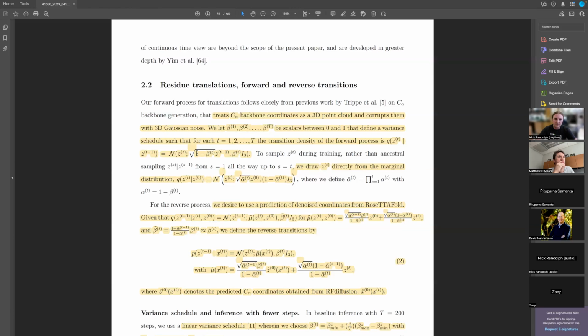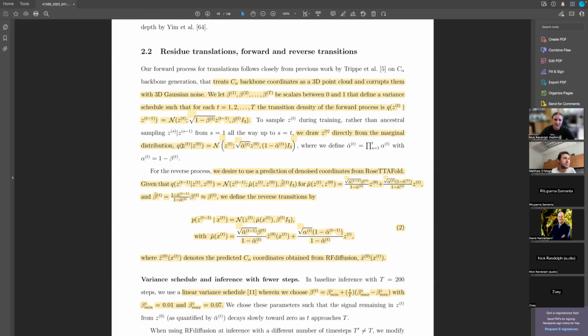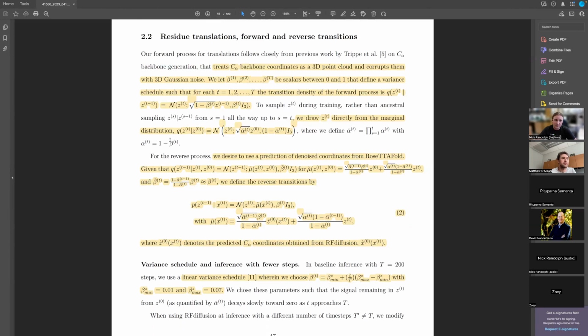If this keeps increasing all the way to 1, then there will be no mean, and this beta will converge to 1 as well, and you'll have a standard Gaussian that you'd be sampling from. To do the sampling, you don't actually have to sample from S1 all the way up to ST. They draw these samples from the marginal distribution.